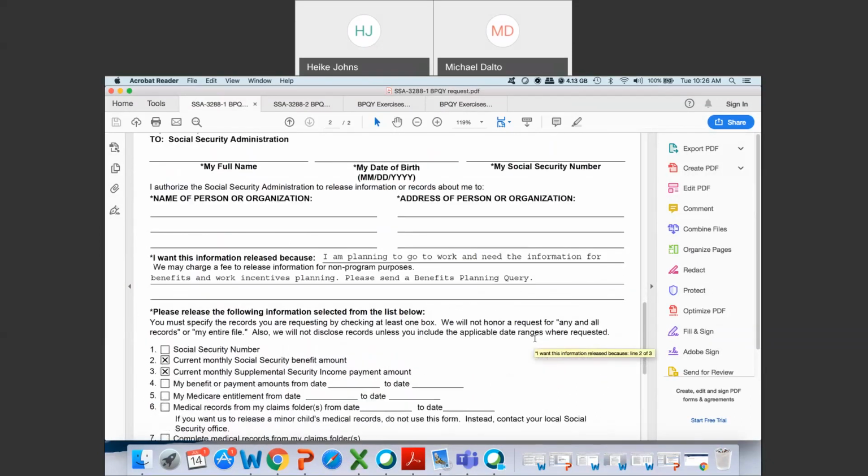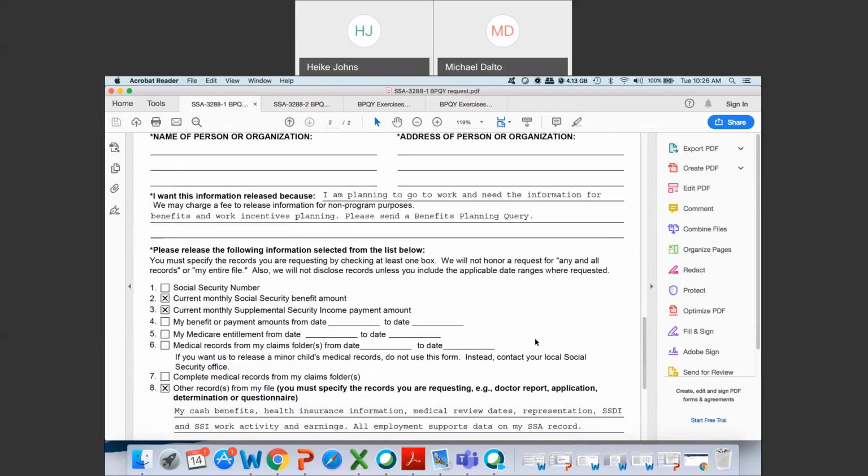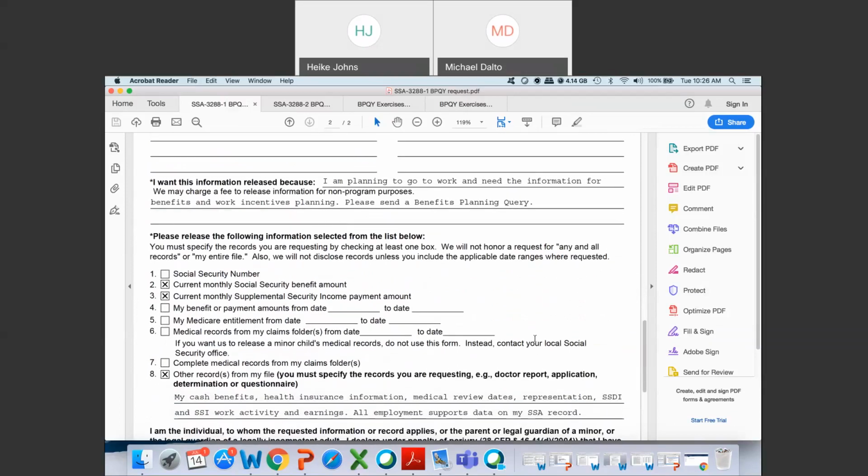A little further down, there are several boxes checked for which information needs to be released. Current monthly Social Security benefit amount, current monthly supplemental security income or SSI payment amount, and other records from my file.